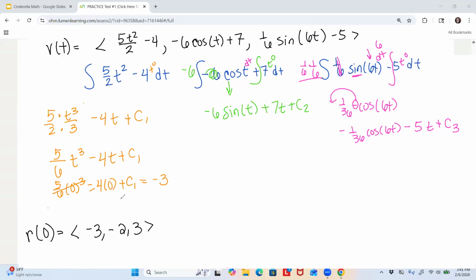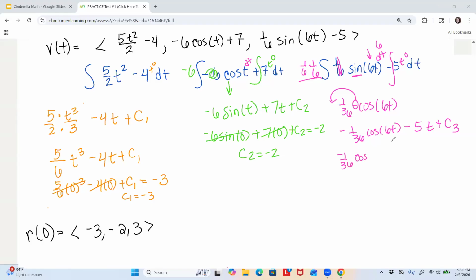This is 0, this is 0. C1 is negative 3. Okay, going to the green one, plug in 0. So this would be negative 6 sine of 0 plus 7 times 0 plus C2 needs to be negative 2. The sine of 0 is 0, so this is gone. 7 times 0 is 0. So C2 is negative 2.